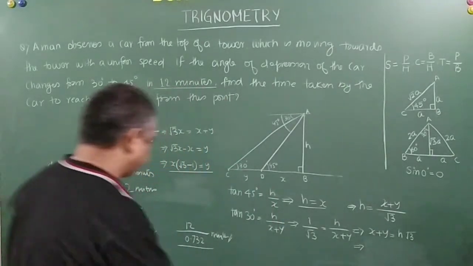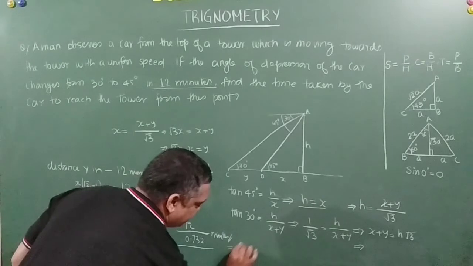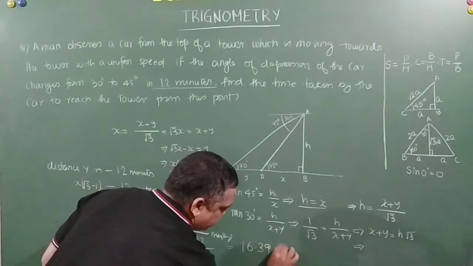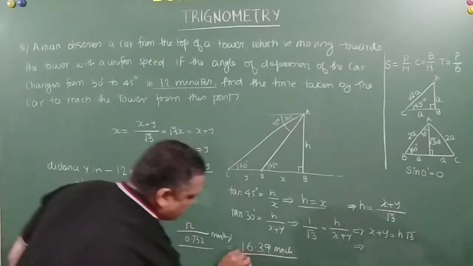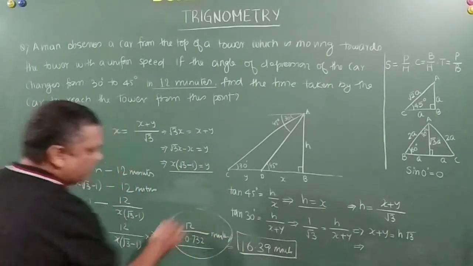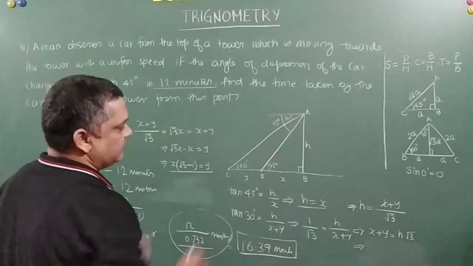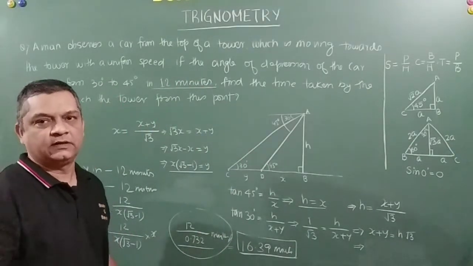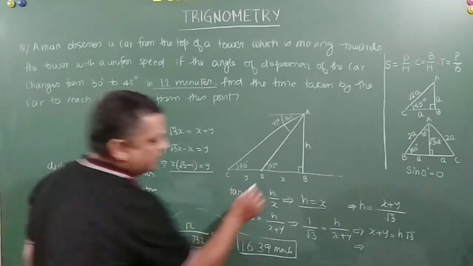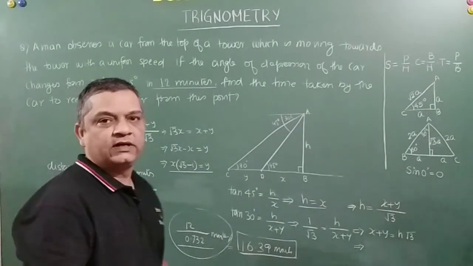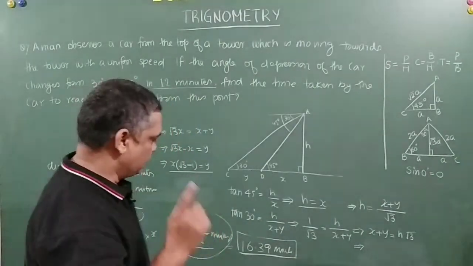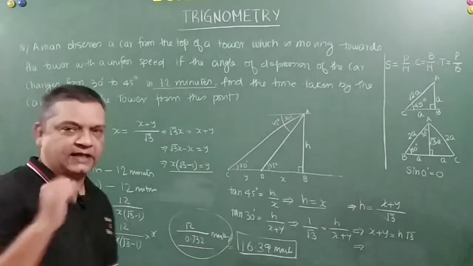So I'll just write the answer here, friends: 16.39 minutes. This division is not that important, but the concept with which this is solved is important, right? So this car will travel this distance in 16.39 minutes. Okay, so let's move on to the next problem.